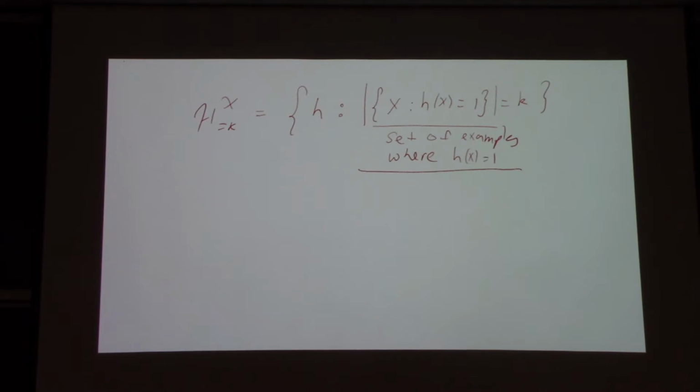Then let's go one outside. This part says the number of examples of this kind. So this whole function class is the set of all functions such that the number of examples where it maps to 1 is exactly equal to k. Does that make sense? Yeah.